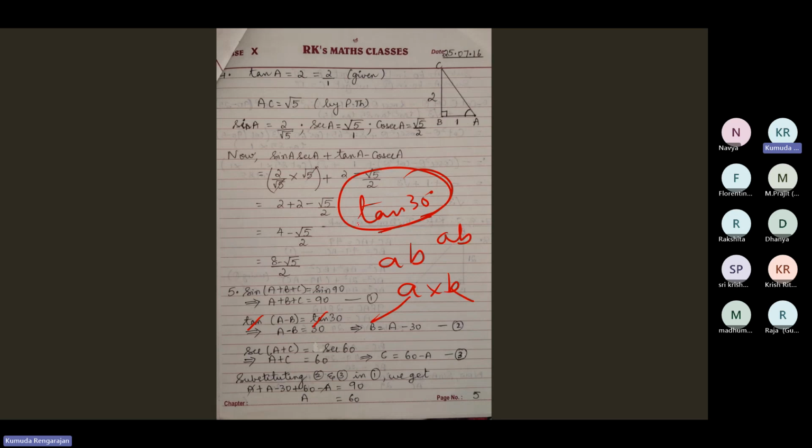But tan 30 degrees is meaningful only as a whole. You cannot look at it as tan into 30 degrees. So you cannot cancel.